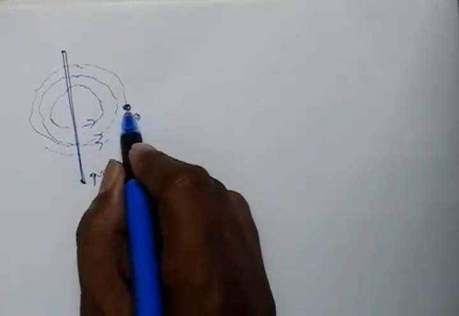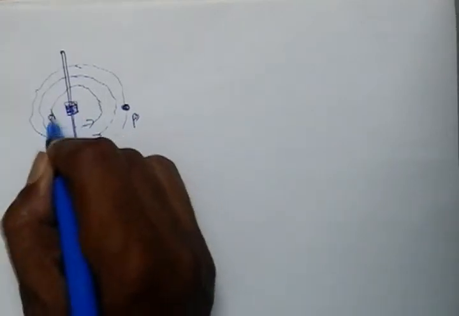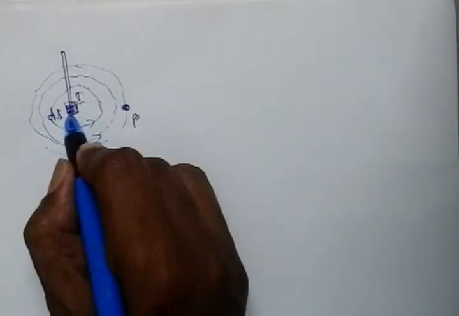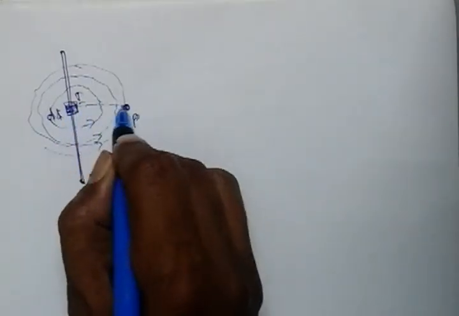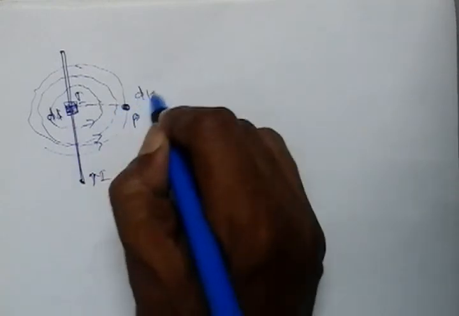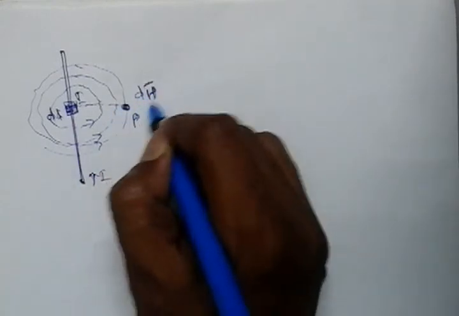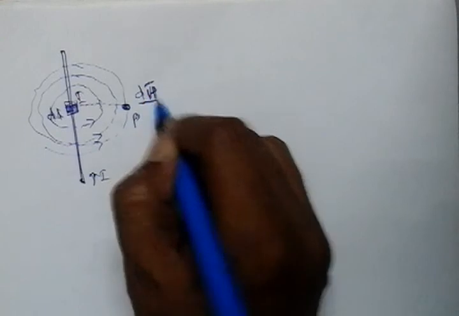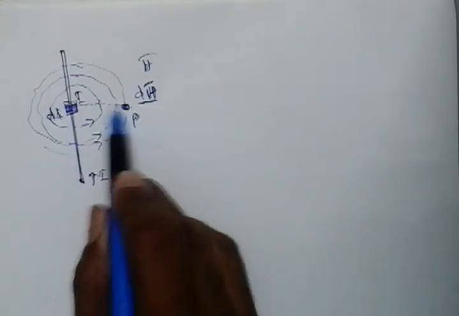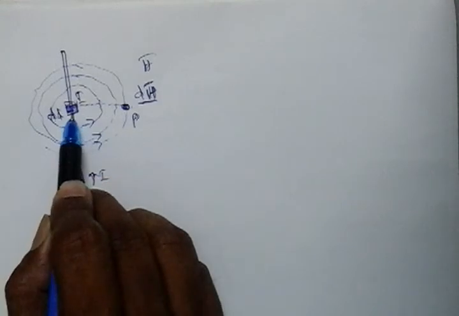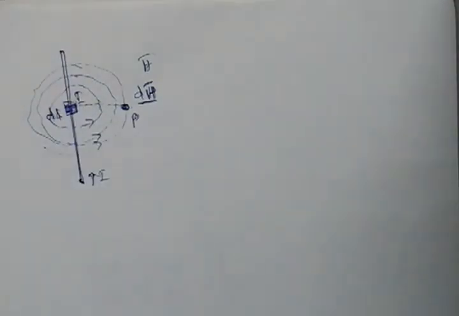To determine the magnetic field intensity at the point P, first we need to consider the differential length, represented by dl, through which the current is I. Because of this differential length, there will be some magnetic field intensity at the point P, represented by dH bar. dH stands for differential magnetic field intensity, and H stands for magnetic field intensity. It is dH because it is due to the differential length, not the whole length. To get the whole length, we need to take the integration.